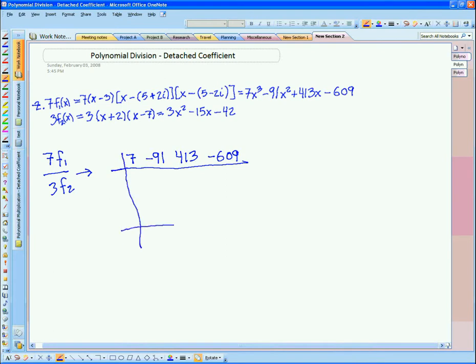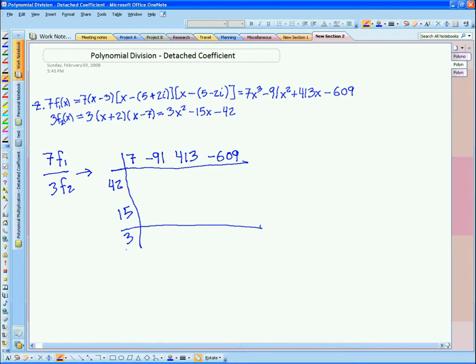And then we're going to write down the terms negated of the divisor, 42, 15, and then now you see we're going to put a 3 down here, which is the leading term of the divisor. And just in a moment, it'll become obvious as to why.